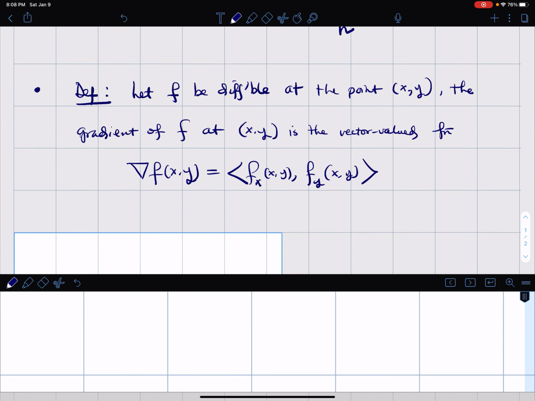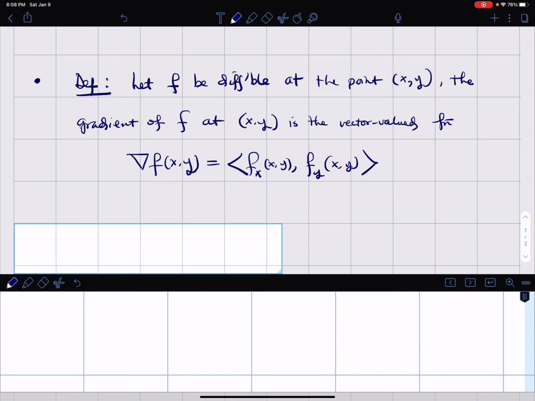So the gradient is simply a vector that has two components, or it could be three components if it's a function of three variables. But in our own case, we're looking at functions of two variables. It's a vector whose first component is the partial derivative with respect to x, and the second component is the partial with respect to y.